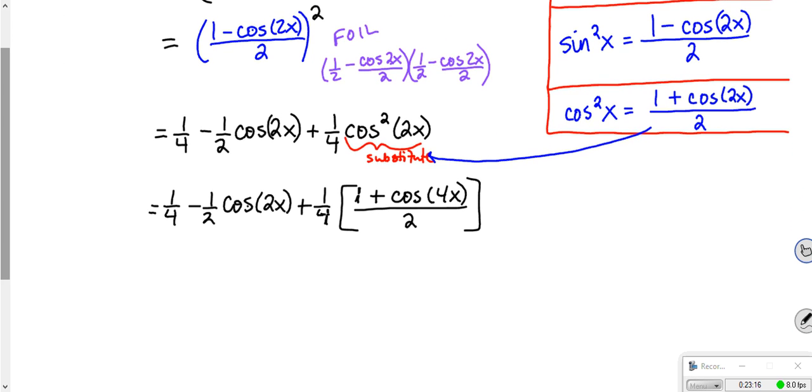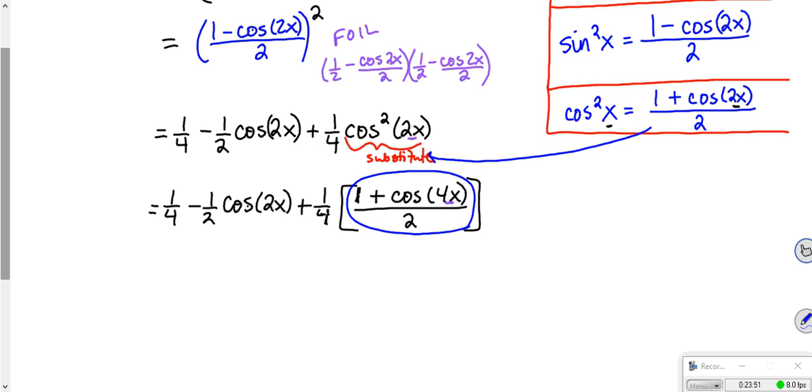I'm trying to avoid dead spots here. How come in my formula it went up to 4x? Because the original formula here, where you start with an x here, it goes up to 2x there. So here in our problem, we started with a 2x, so it doubles to 4x there. Okay, that's why. So 1/4 minus 1/2 cosine 2x plus 1/4, and then in big fat parentheses, I have the 1 plus cosine 4x. Okay, this is my substitution.